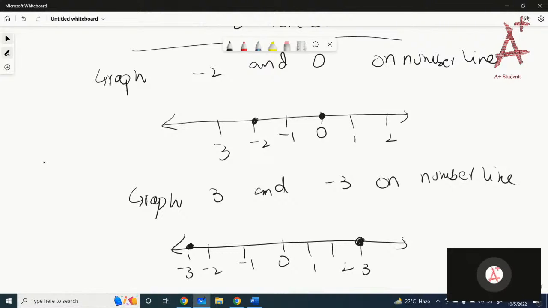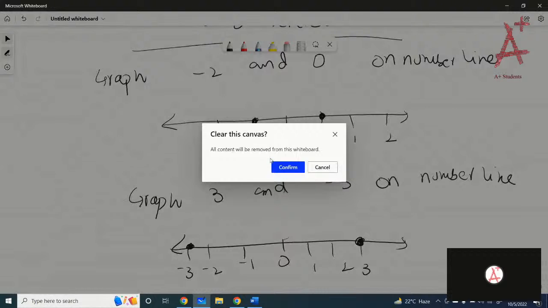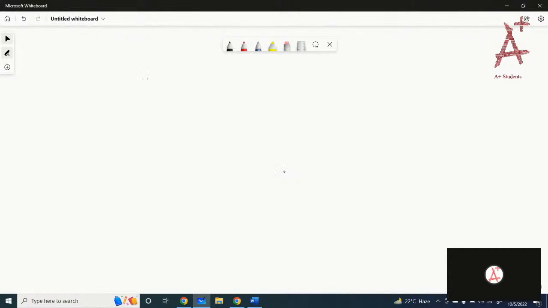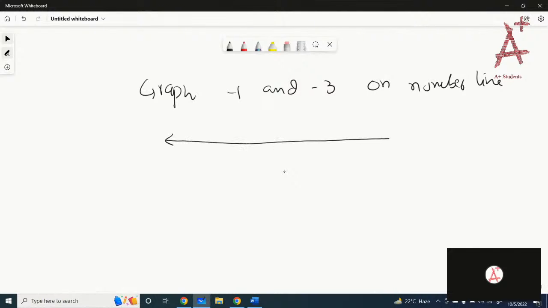The next one is graph -1 and -3 on the number line. So make a number line and just represent both the numbers.